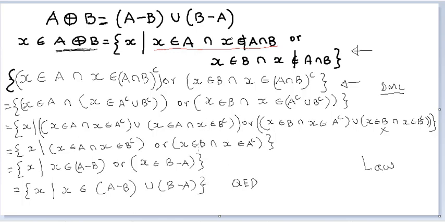And every time you go from one step to another, you have to specify what kind of law you used to arrive at that equation. And so this is one simple video on the set difference law. Okay, thank you.